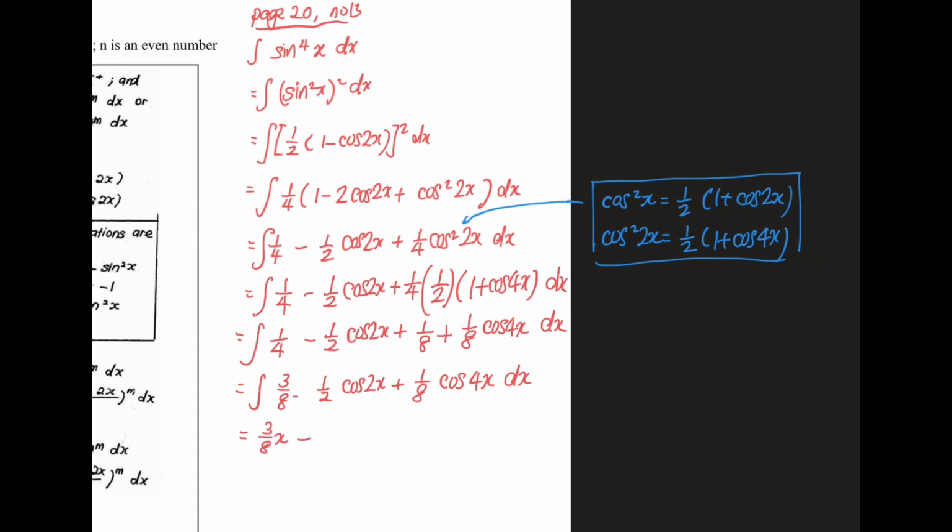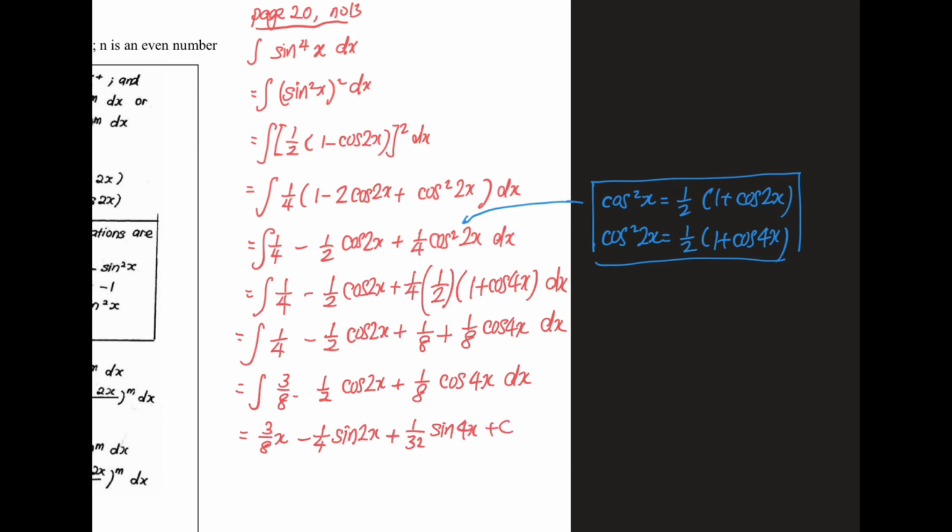So when you integrate cos 2x, first you differentiate the angle, you get 2, then you divide by 2. So because of that, you have 1 over 4. Integral of cos becomes sine. So when you integrate cos 4x, first you look at the angle, you differentiate 4x, you get 4, so you divide by 4, and hence you get 1 over 32 sine 4x plus c.